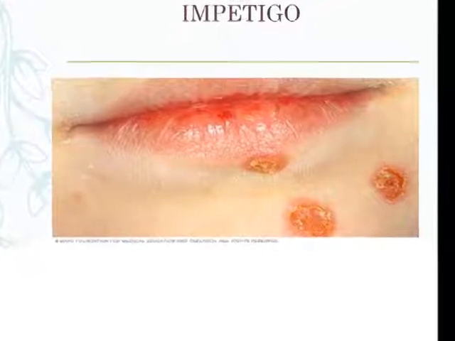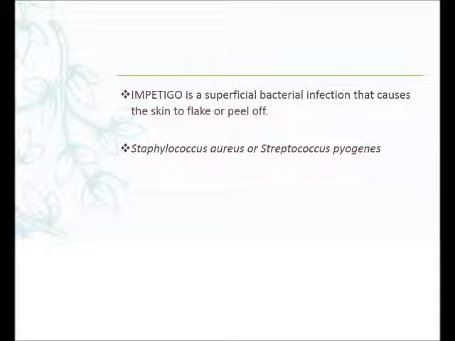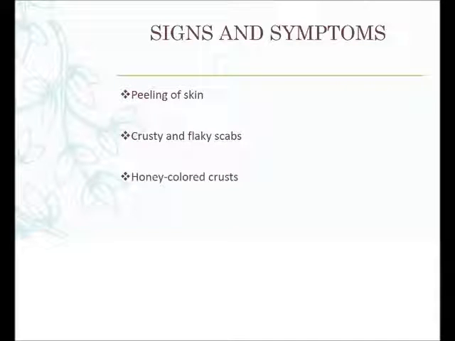Impetigo. Impetigo is a superficial bacterial infection that causes the skin to flake or peel off. It is mainly caused by Staphylococcus aureus and Streptococcus pyogenes. Impetigo looks variously like peeling skin, crusty and flaky scabs, and honey-colored crusts.